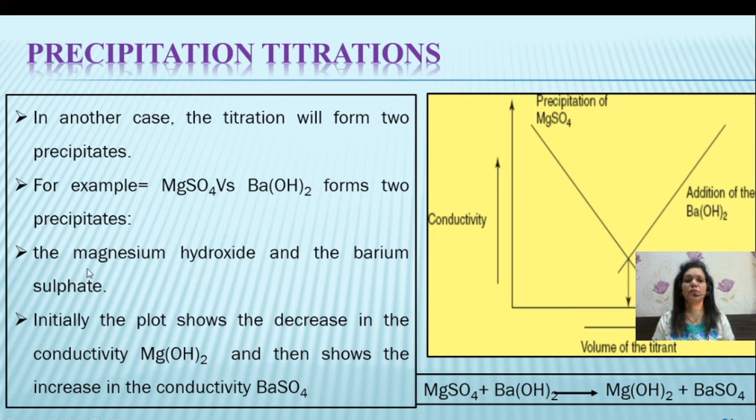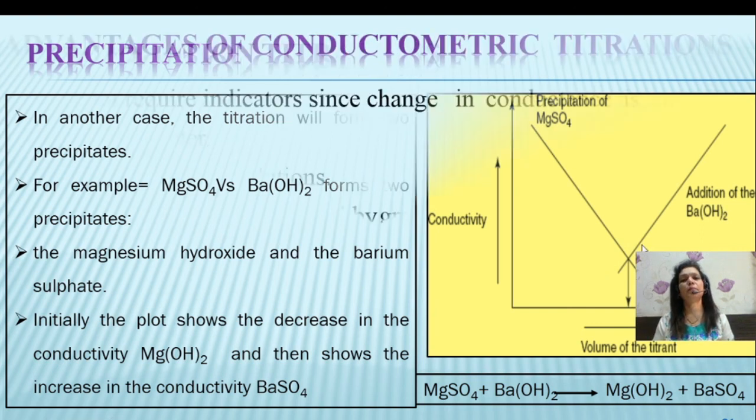Initially, magnesium hydroxide formation takes place as you add barium hydroxide to the solution of MgSO4, so a decrease in conductivity is observed. Once the magnesium hydroxide formation is completed, excess addition of barium hydroxide shows an increase in conductivity during the formation of barium sulfate.